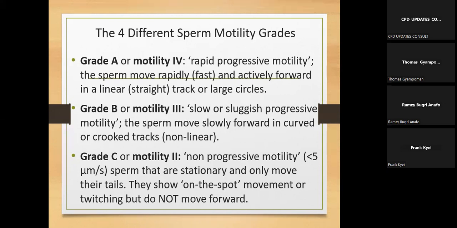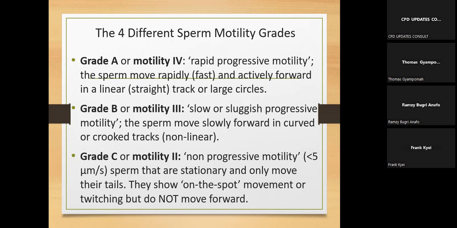The point is clear, right? Yes, you have the linear movement, the rapid linear, but they are not different from the ones that are also moving fast and also in large circles. All of them have been put together into grade A. Otherwise, you are going to get too many grades. But the grades are now 4. That's the new classification.